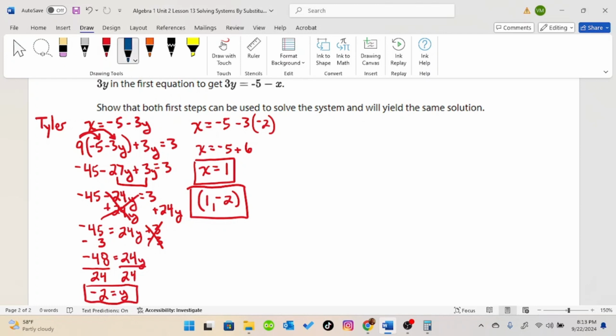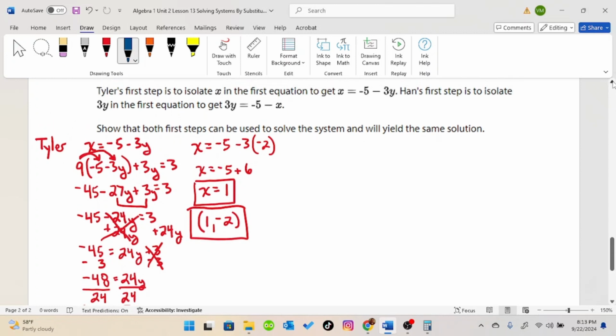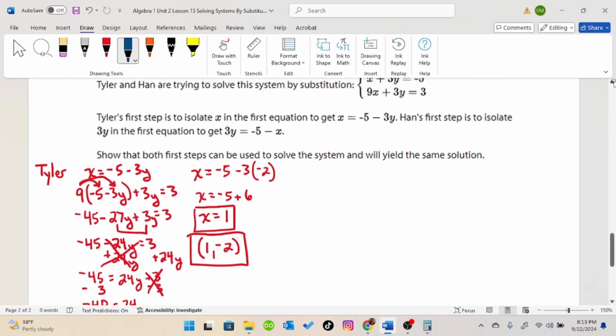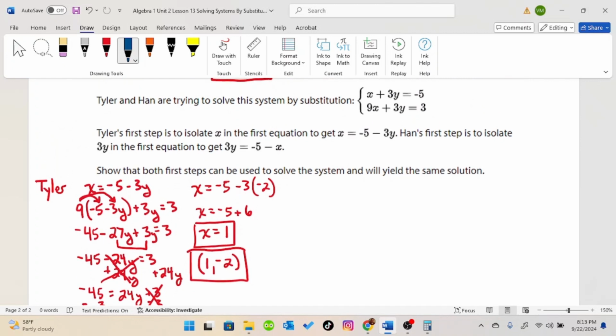Now, let's look at how Han chose to solve it. Han's first step is to isolate 3y in the first equation. So Han gets 3y equals negative 5 minus x.